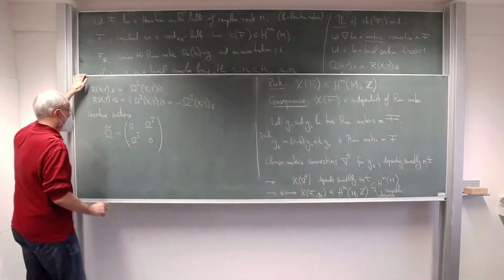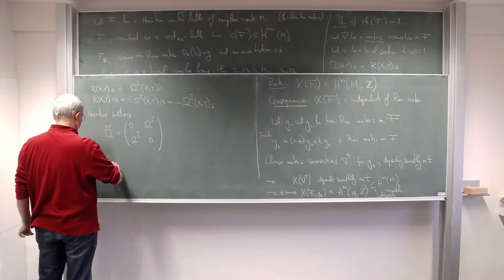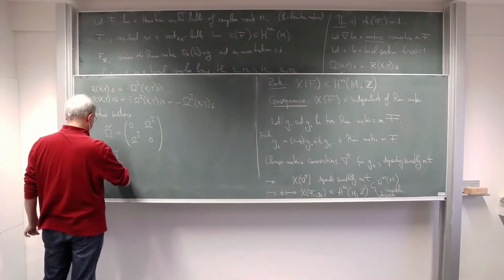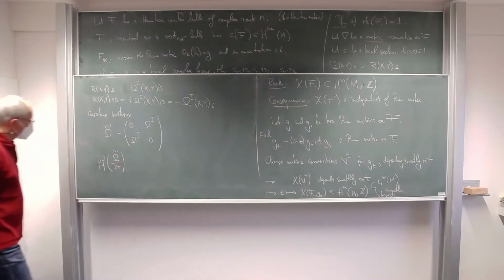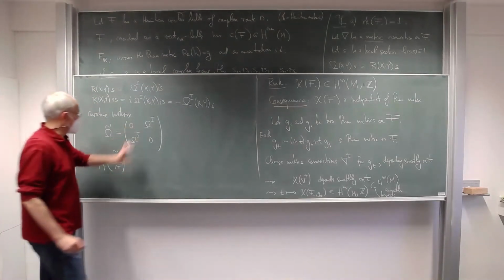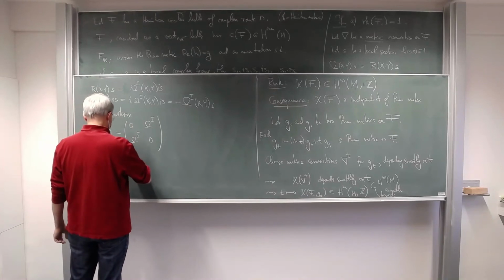Alright. Now the Pfaffian of this guy normalized by 2 pi. This is now the Pfaffian of this matrix.